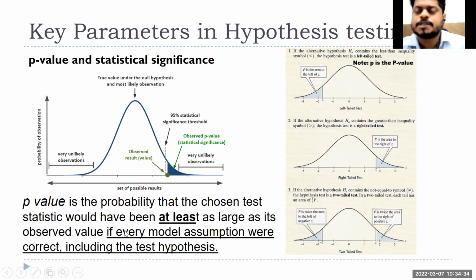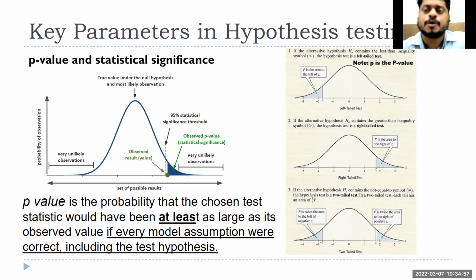So this statement says, if I believe my null hypothesis is true, what is my null hypothesis? If I want to prove the average quiz score is greater than 3.5, my null hypothesis will be less than or equal to 3.5. If I believe my null hypothesis is true, that means average quiz marks are less than or equal to 3.5.